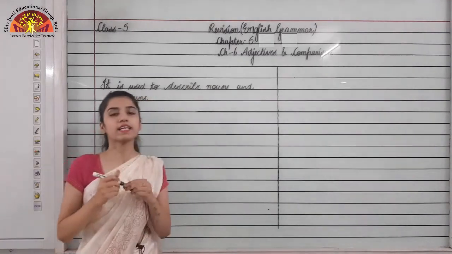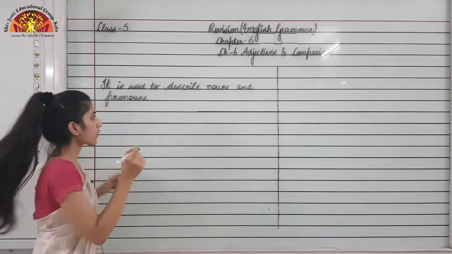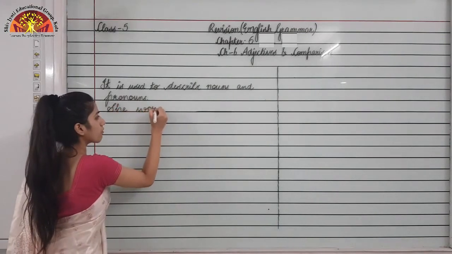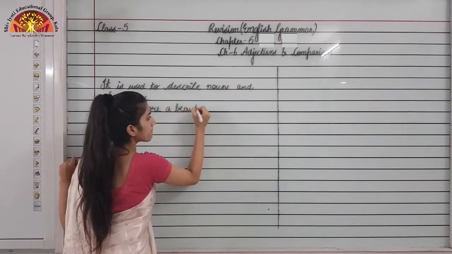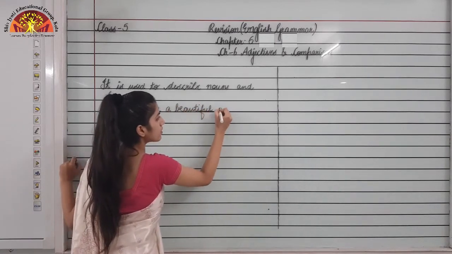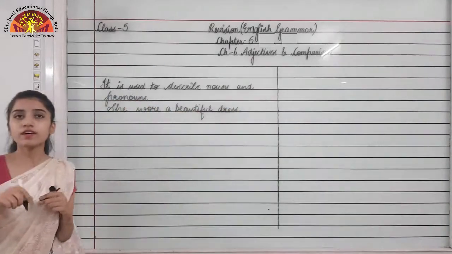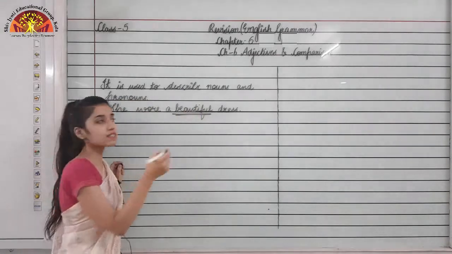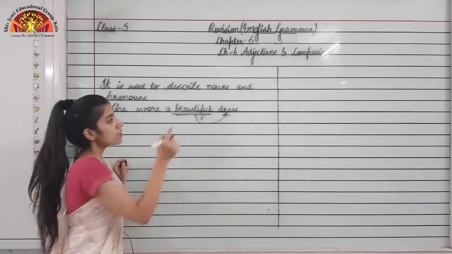Like if I say, she wore a beautiful dress. I am writing this example over here. Here you can see beautiful is the word which is describing the noun, which is dress.